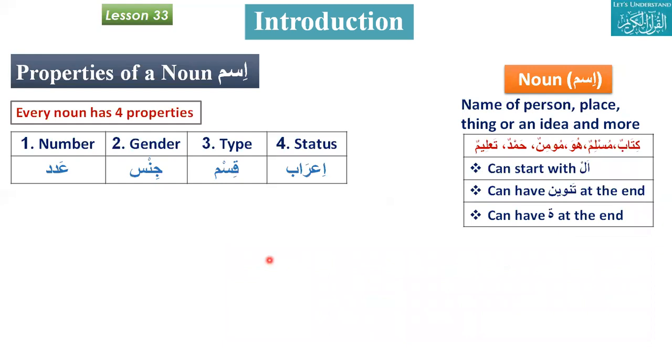The important thing is that every noun has four properties. The word has three things. Anusha, can you please tell me what are the three things of words? The word can be harf, ism, or fi'l.